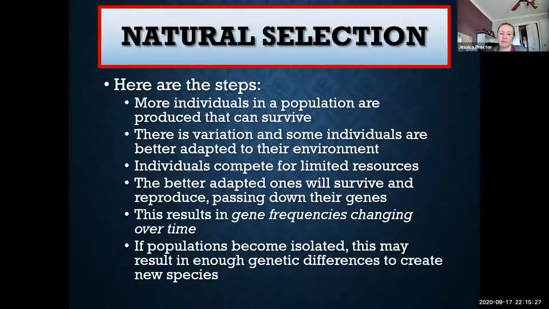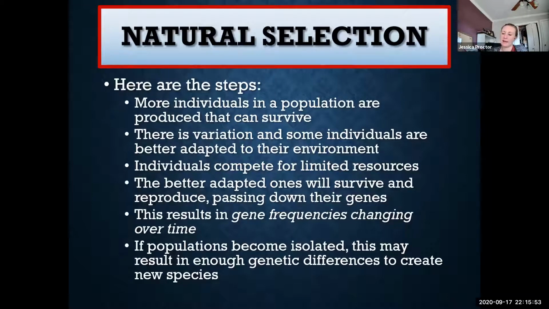that has the advantage. So individuals will compete for limited resources. They compete for food, for access to mates, for access to territory. It's generally those that have the most advantageous traits that will be the most successful at that competition. So the better adapted ones will survive and reproduce and pass their genes along to future generations.